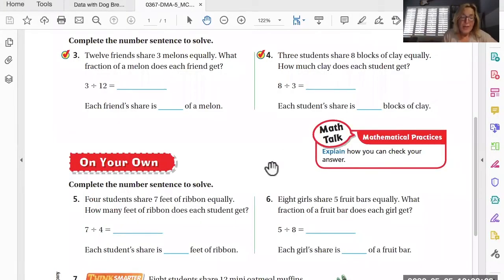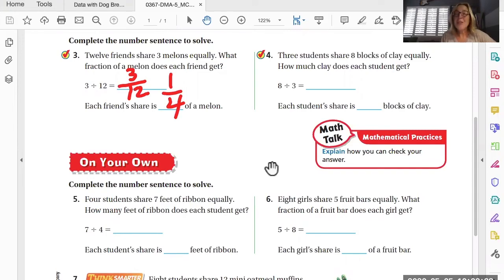On number 3, 12 friends share 3 melons. Now you have to remember that the melons are being shared, so that's what you would draw 3 of. So 3 melons divided by 12 people, and you would simplify that to 1/4.